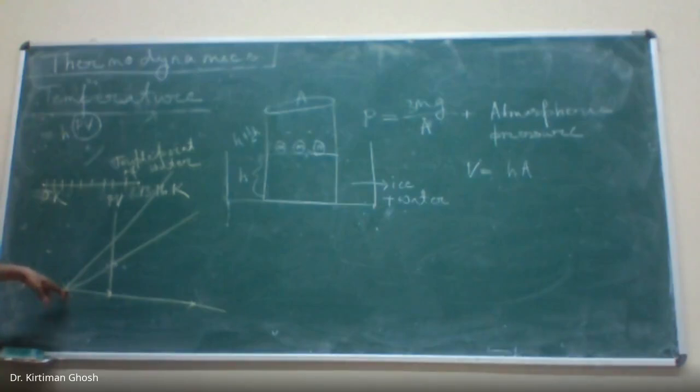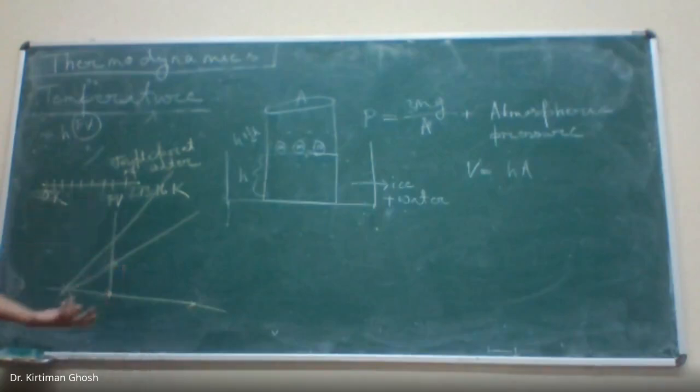This is the minimal value of temperature that you can obtain. You cannot cool the system beyond this point. Your volume or pressure becomes zero. So that's why this is considered the absolute zero, and the Kelvin scale starts from this absolute zero.